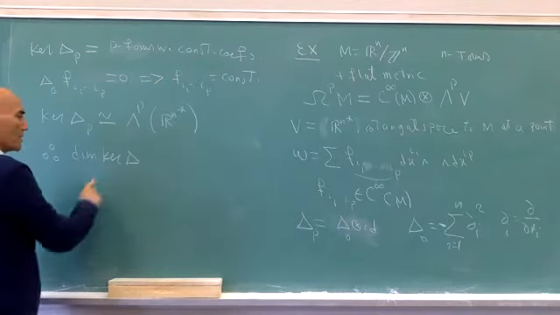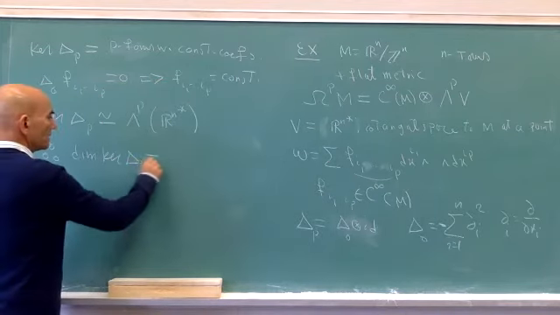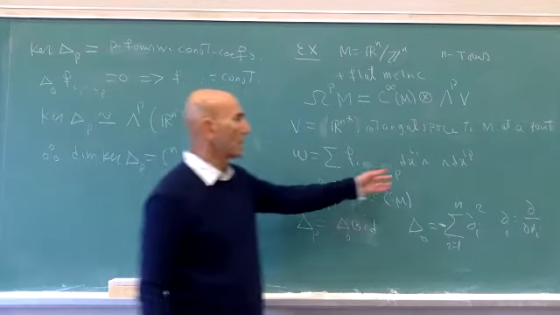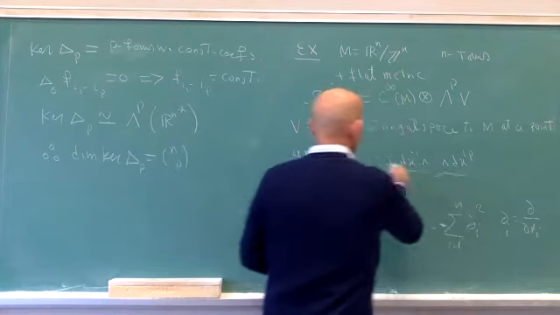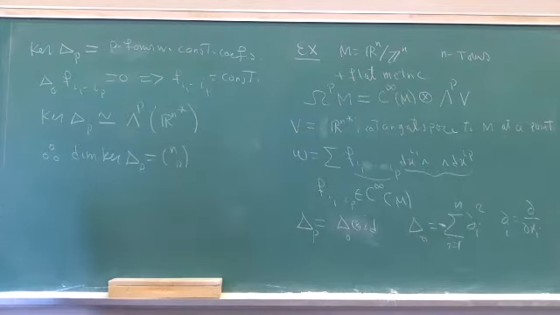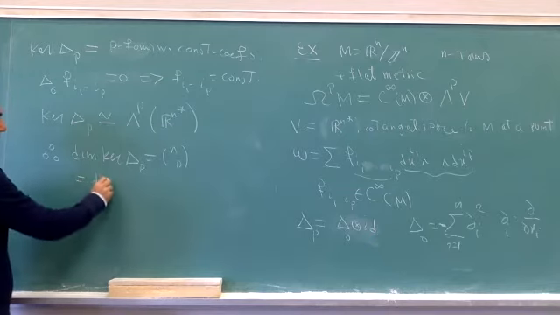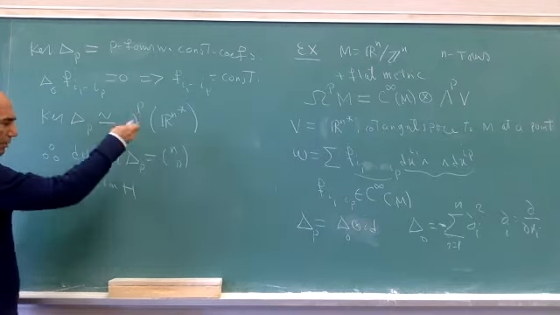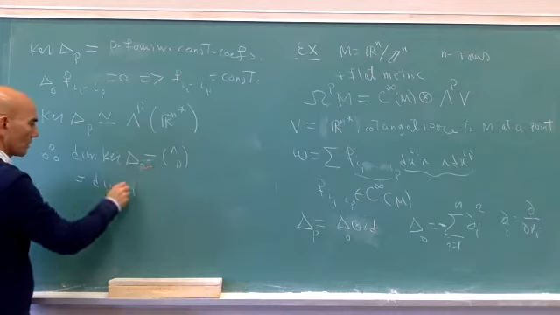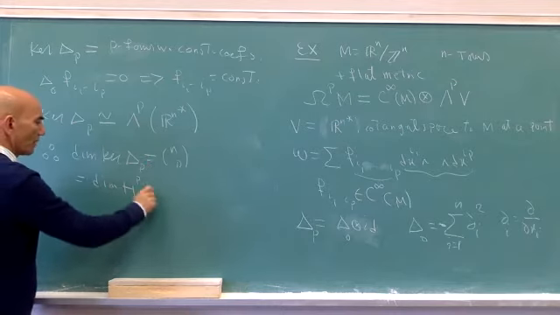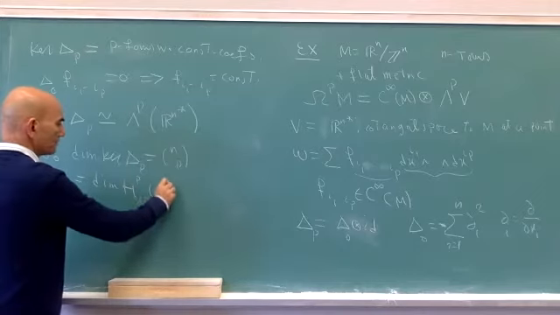So the dimension of the kernel of delta_p is equal to n choose p, and the basis is given by dx_{i1} wedge ... wedge dx_{ip}. Of course, this is going to be equal to the dimension of the p-th de Rham cohomology of R^n mod Z^n, by the Hodge theory result.